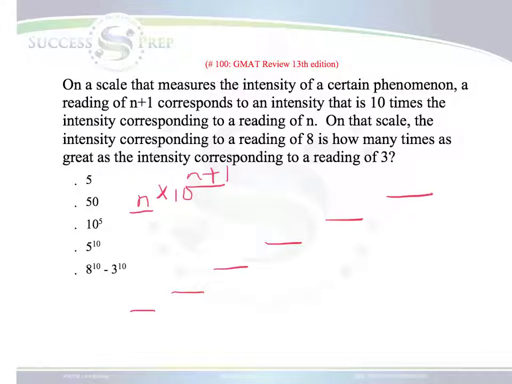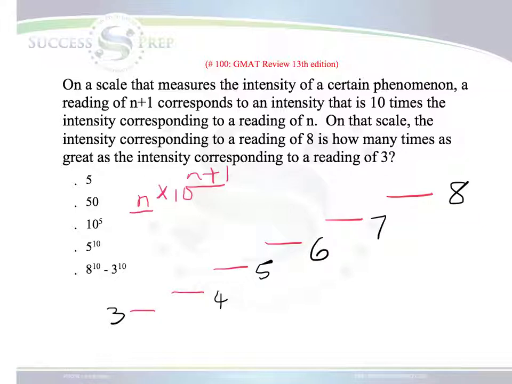So the way you want to look at the intensity is in terms of steps, and just understand that between each step, which is n and n plus 1, if we called this first step the step 3, which is what they asked for, all the way to the step 8, which is all the way here. So the first one is 3, then 4, then 5, then 6, then 7, then 8.